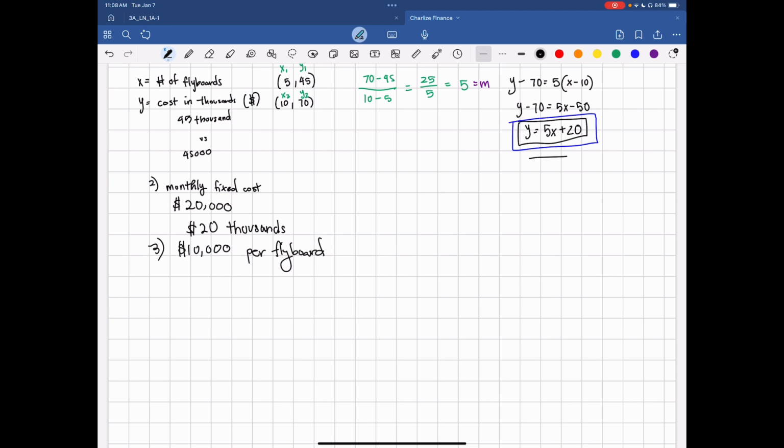So instead of writing out 10,000, I'm just going to say 10. I can use the 10 instead of 10,000. It's just to make it more simple.